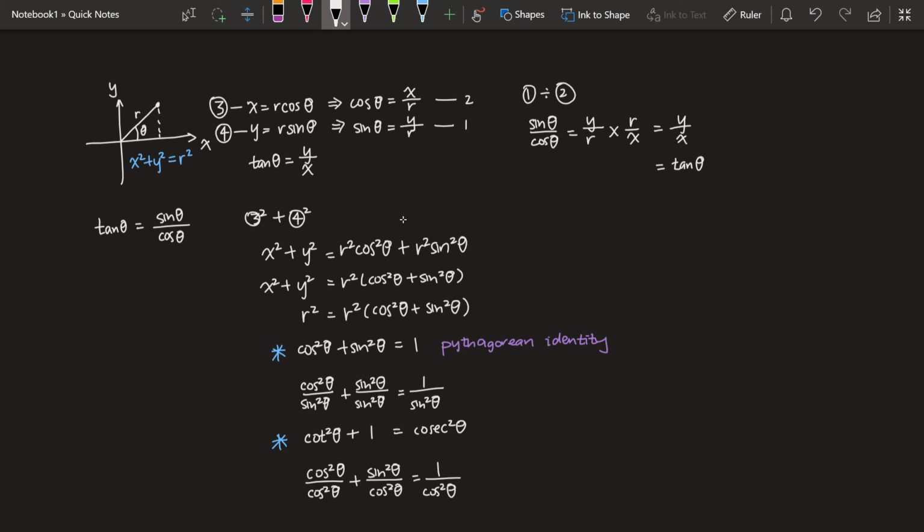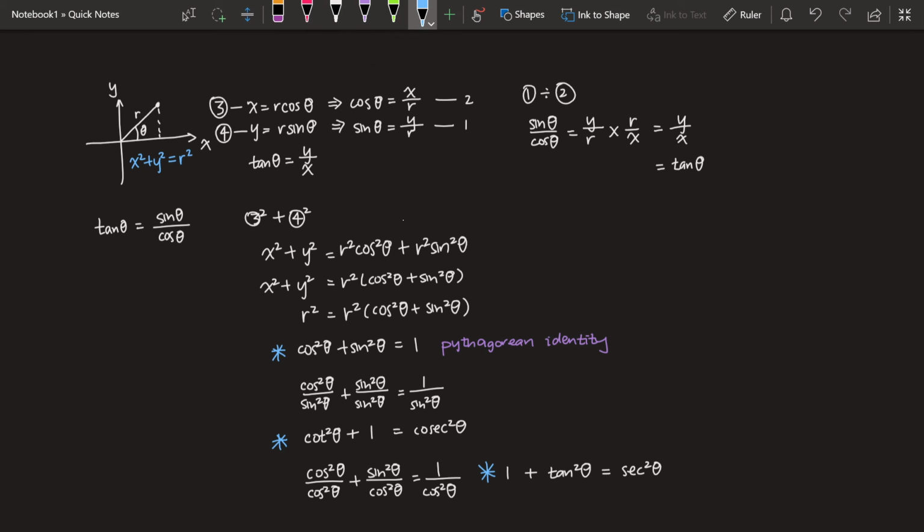So you will get 1 plus tangent squared theta equals secant squared theta. Okay, so this is the third Pythagorean identity that we have to take note of.